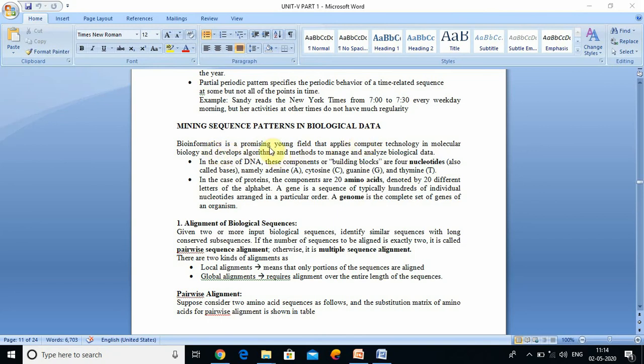Bioinformatics is a promising young field that applies computer technology in molecular biology and develops algorithms and methods to manage and analyze biological data.